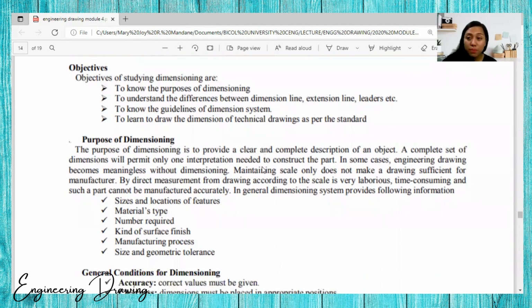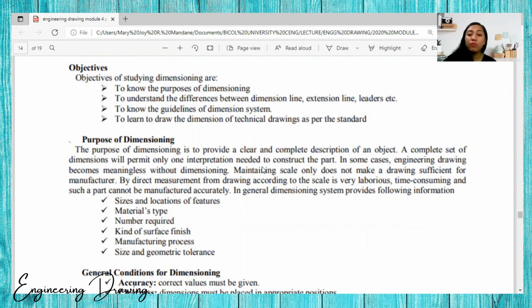So the purpose of dimensioning is to provide a clear and complete description of an object, and a complete set of dimensions will permit only one interpretation to construct the part. In some cases, an engineering drawing becomes meaningless without dimensioning. Maintaining scale only does not make a drawing sufficient for the manufacturer.